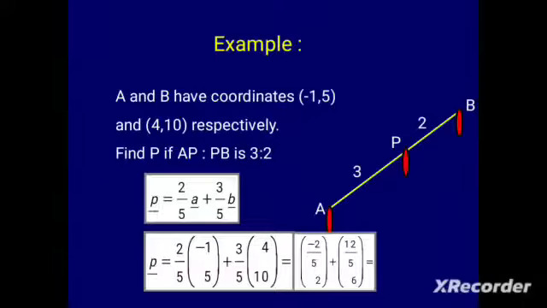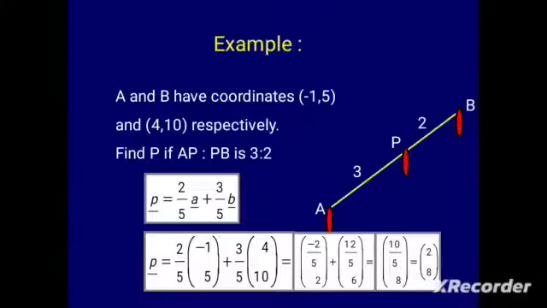So we get (-2/5, 2) plus (12/5, 6). Then we sum up to get (10/5, 8). So that means vector P is (2, 8) in column vector. But if you are asked to find the coordinate of P, then it's going to be (2, 8).